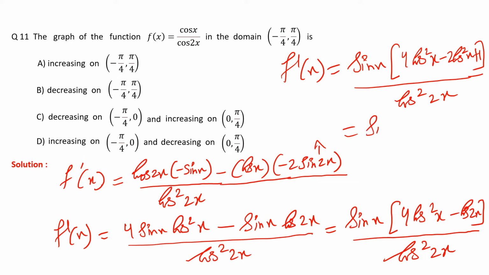So this becomes sin x into, inside the bracket it is 2 cos square x plus 1, in the denominator it is cos square 2x.